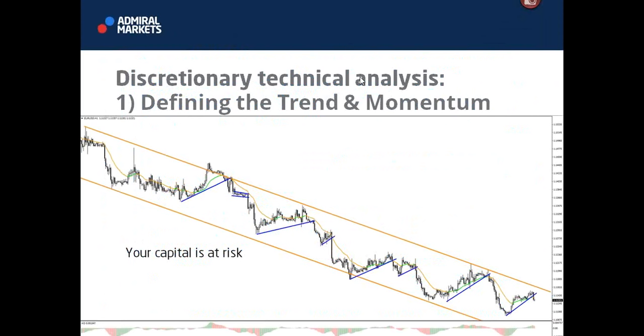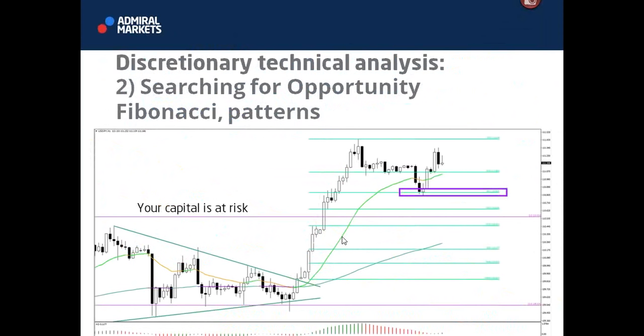So we can use the candles, in fact, to decide that. You can use other things too, like moving averages and trend channels, for instance. Then we look at opportunities, patterns, for instance, Fibonacci levels. Today's primary focus will be price action, though.